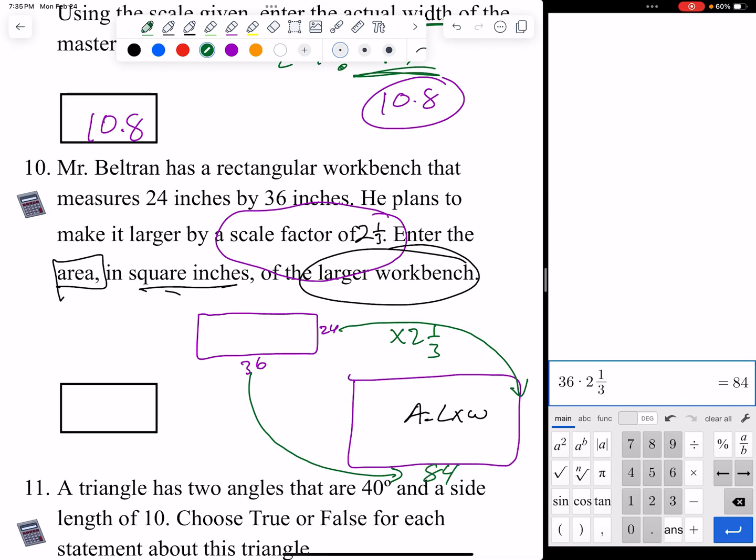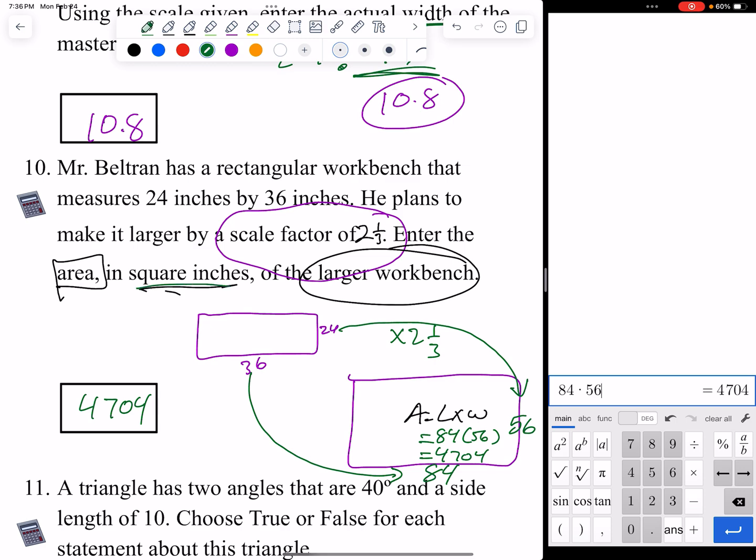Then I'm going to take the 24 and multiply that by 2 and 1/3, and I'm going to get 56 inches. So if I do length times width, I'm going to get 84 times 56, which is 4704. So 4704 will be my area of the larger workbench in square inches.